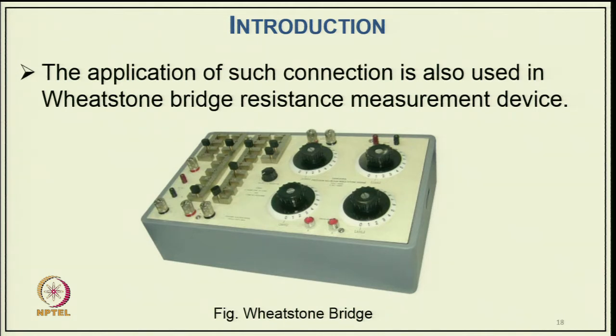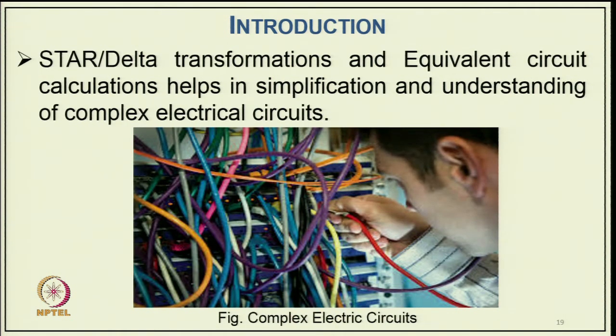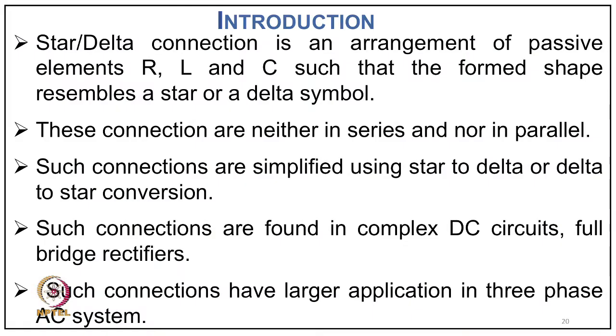And of course, star delta transformations and equivalent circuit calculations help in simplification and understanding of complex electrical circuits. Well, star delta connection is also an arrangement of passive elements, resistance, inductance and capacitance, such that the formation resembles a star or delta symbol, and these connections are neither in series nor in parallel.